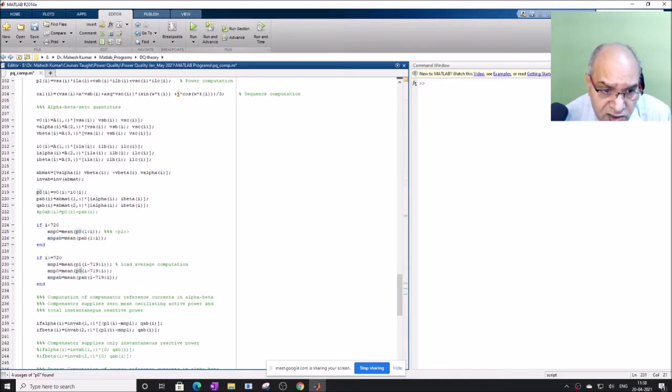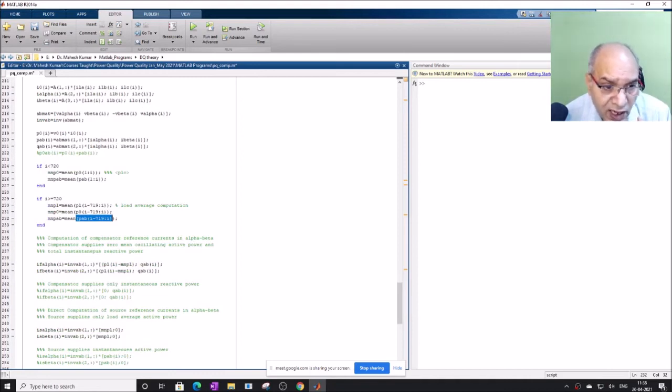And MNPAB is the mean of PAB from I minus 720 to I. And then we can find MNAB tilde, the oscillating component, from that.